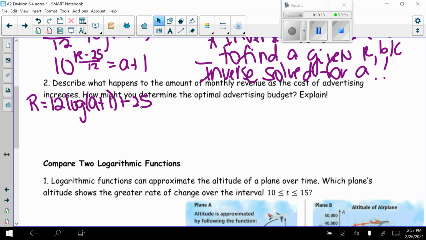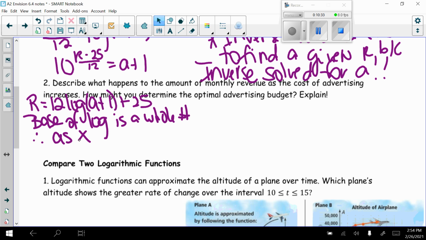This is a logarithm, right? So it's asking me what happens to the monthly revenue as the cost of advertising increases. The base of my log is a whole number. Therefore, as x approaches infinity, y approaches infinity.